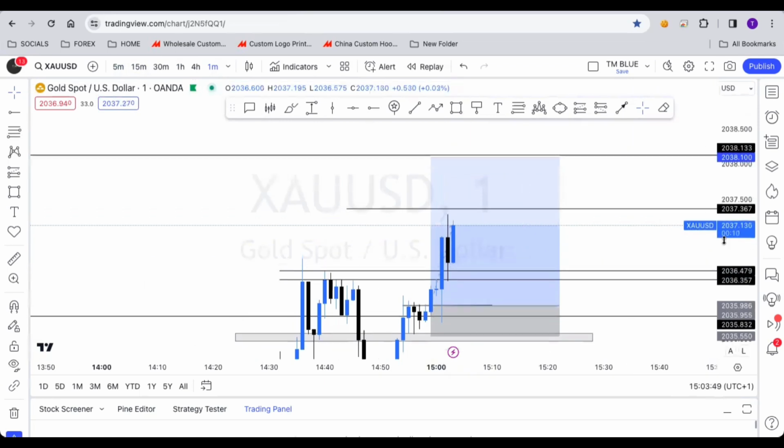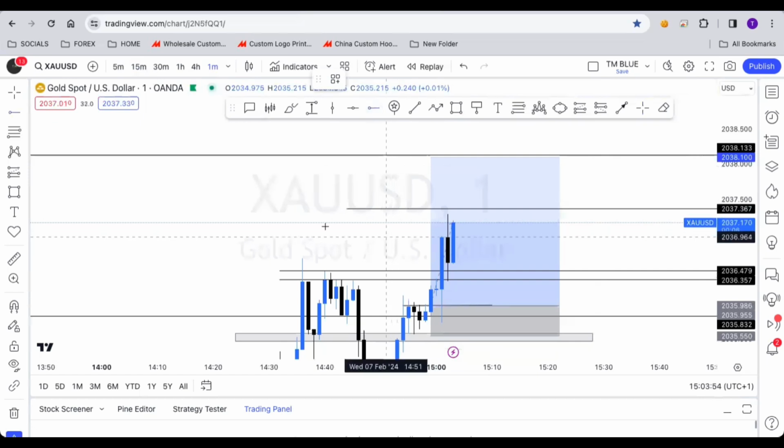If this candlestick closes above here, you're going to see another strong push to the upside.